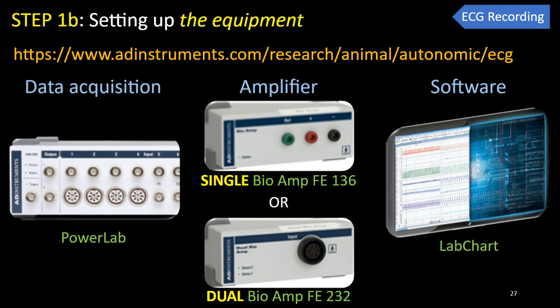First, a data acquisition hardware, such as PowerLab. Second, a single amplifier for single lead ECG recording, or a dual amplifier for dual lead ECG recording. And lastly, data acquisition and analysis software such as LabChart. For more details, you can go to the AD Instruments website as listed here to browse through explanations and demonstrations.